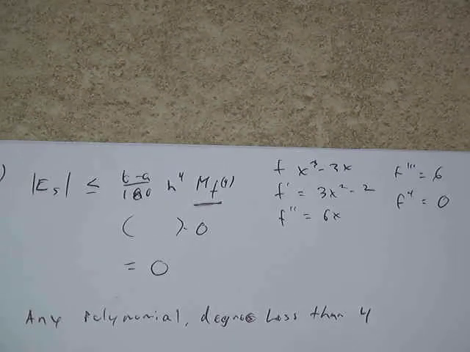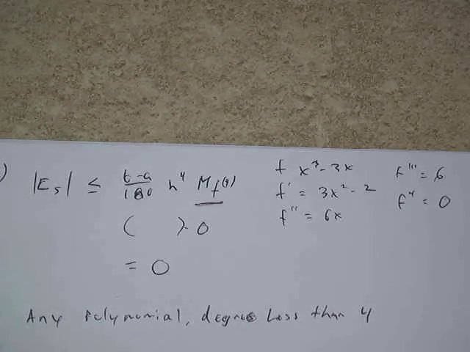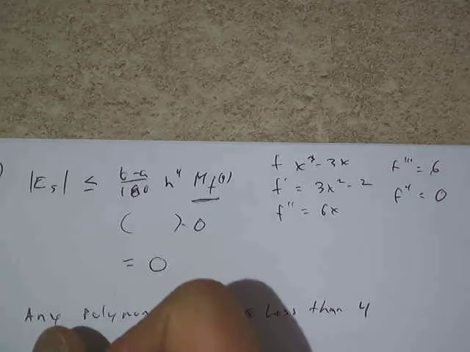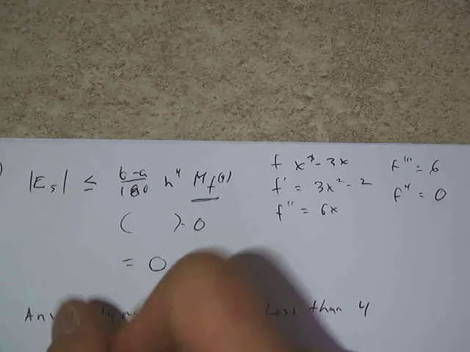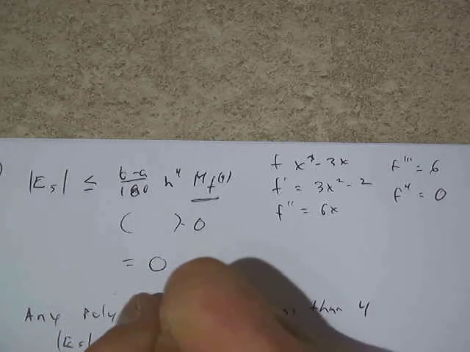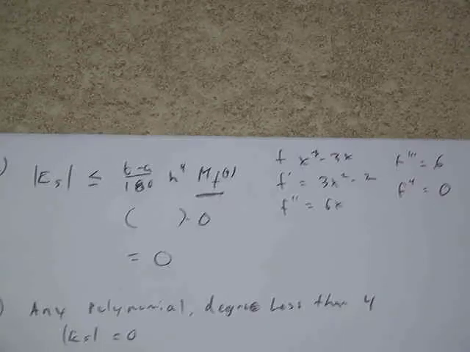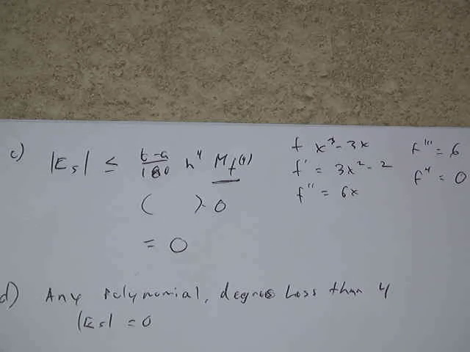So any polynomial of degree less than 4, the error is going to equal 0. Another general statement. And they said in general about cubic polynomials, well, a cubic polynomial would qualify for that then, wouldn't it? Degree less than 4.